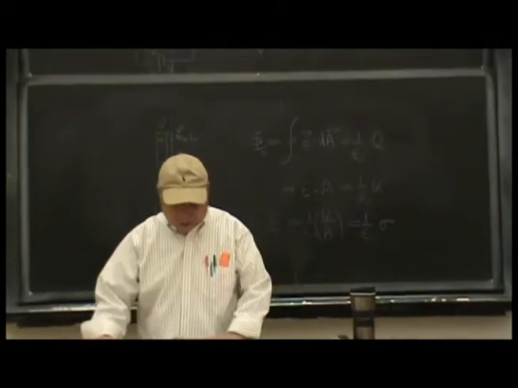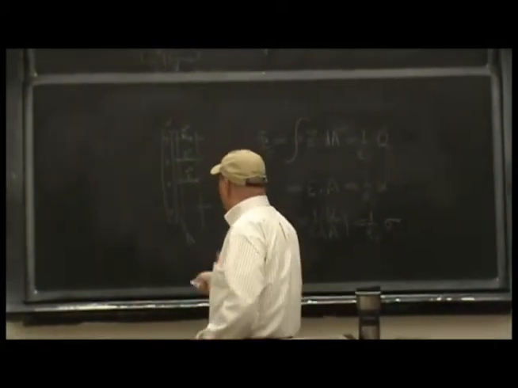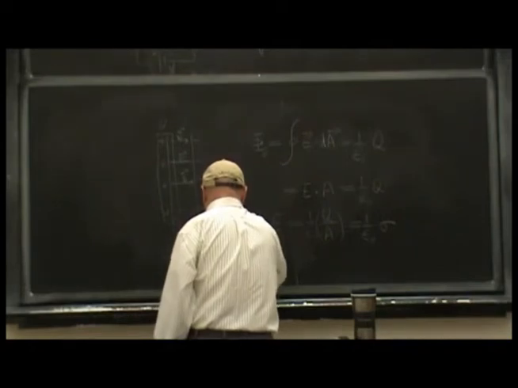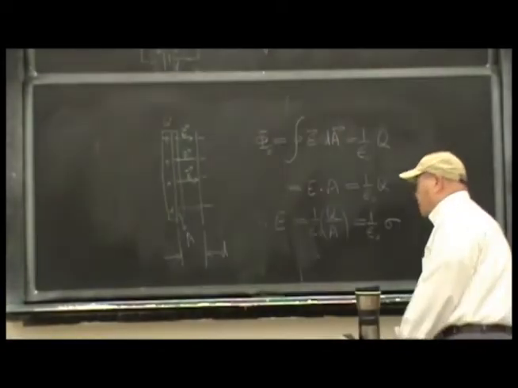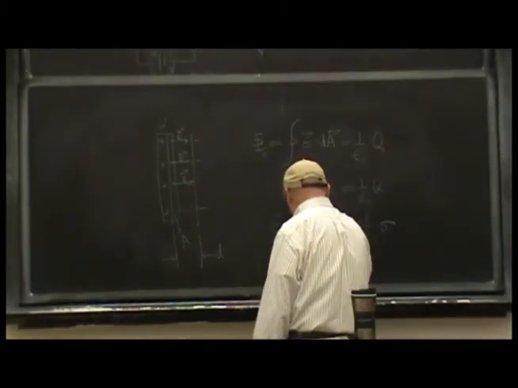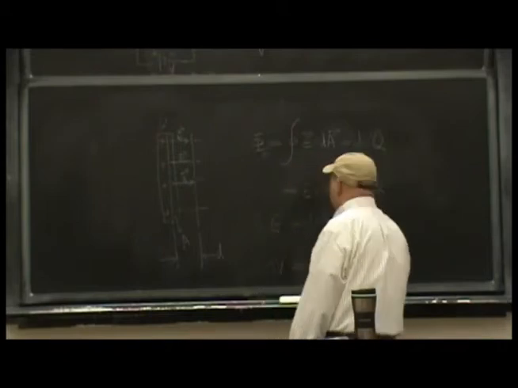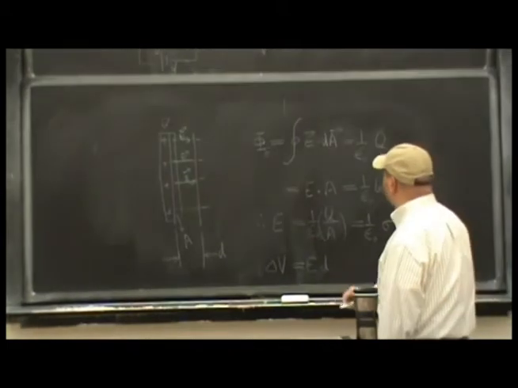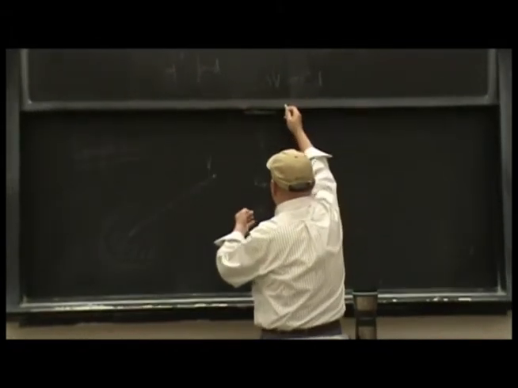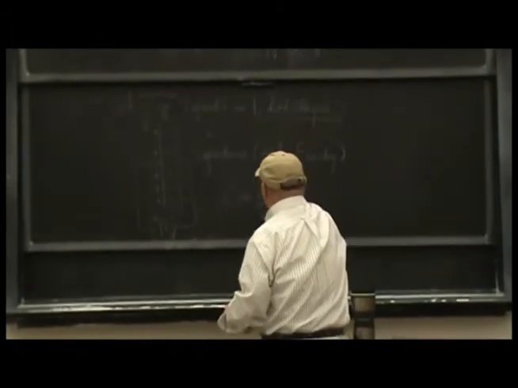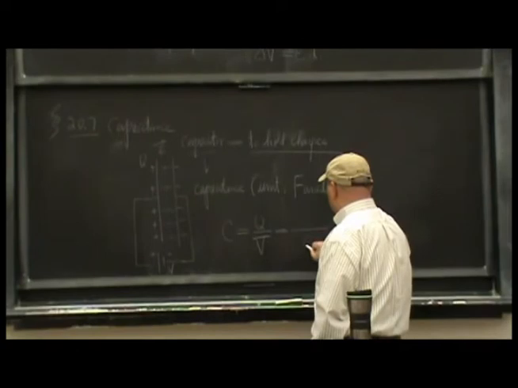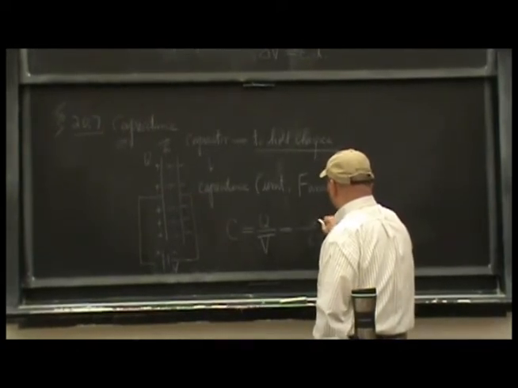So this defines the electrical field. Suppose the separation of these two plates is D, then the voltage change delta V is equal to E times D. With this, we have the capacitance, C equal to Q over V. V is E times D, and there's a Q there.